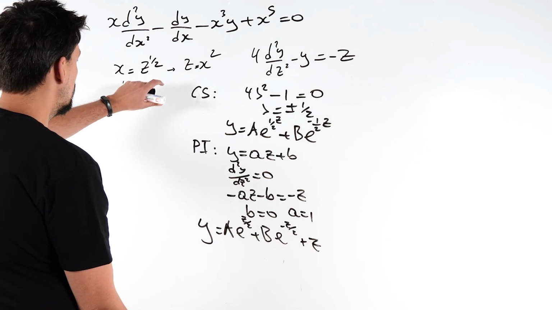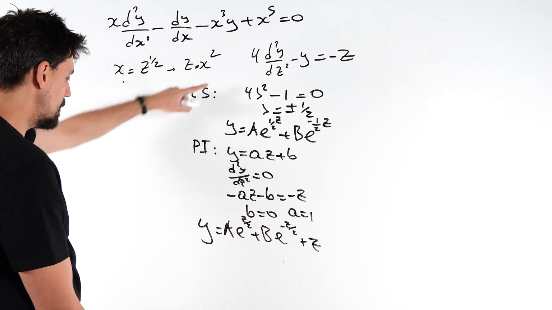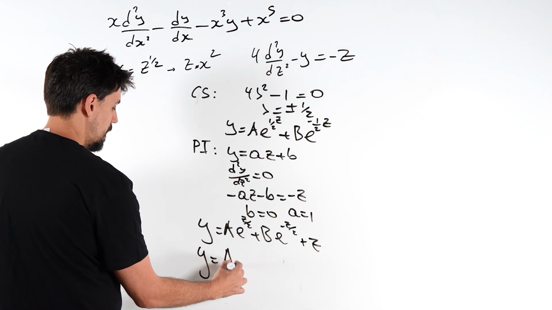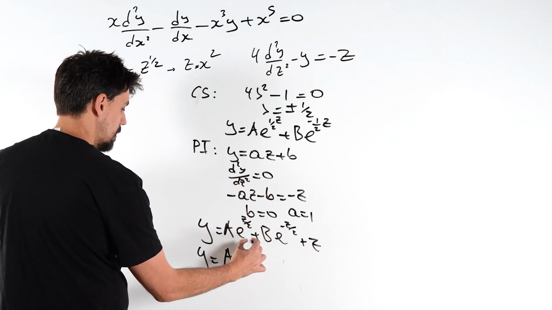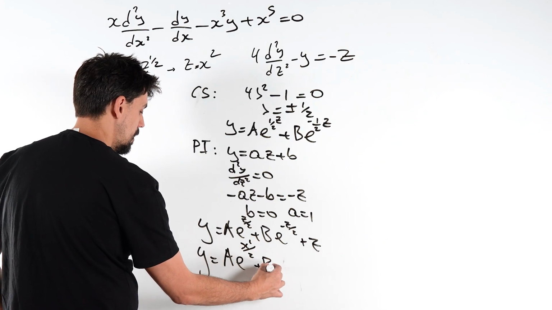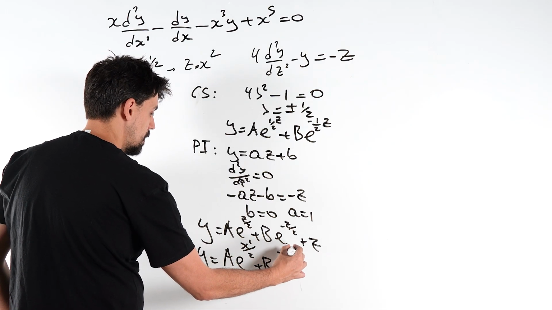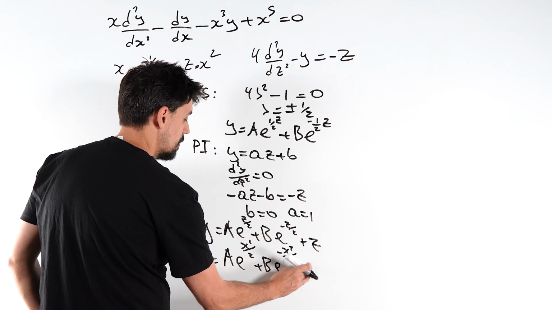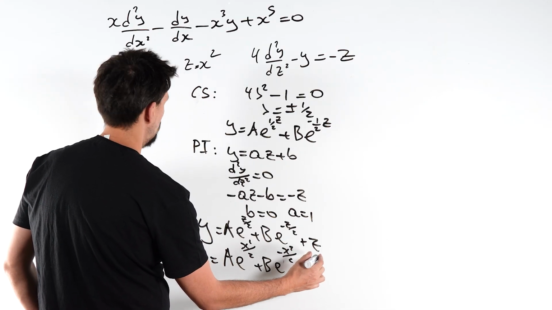And then finally, let's put that back in. z is, of course, x squared. So the solution to this is y equals a e to the x squared over 2 plus b e to the minus x squared over 2 plus x squared.